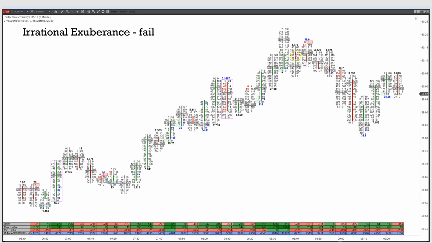Then you get this bar here, which again is a bearish bar. You could make the argument that you've got some irrational exuberance here, but this is not how I would categorize it. Sometimes it's easy to say, yeah, this is it, but it doesn't necessarily meet the requirements I'm looking for. The green bar ideally should close higher, because when you get a bar like this, you're already sort of looking at a reversal type of bar.